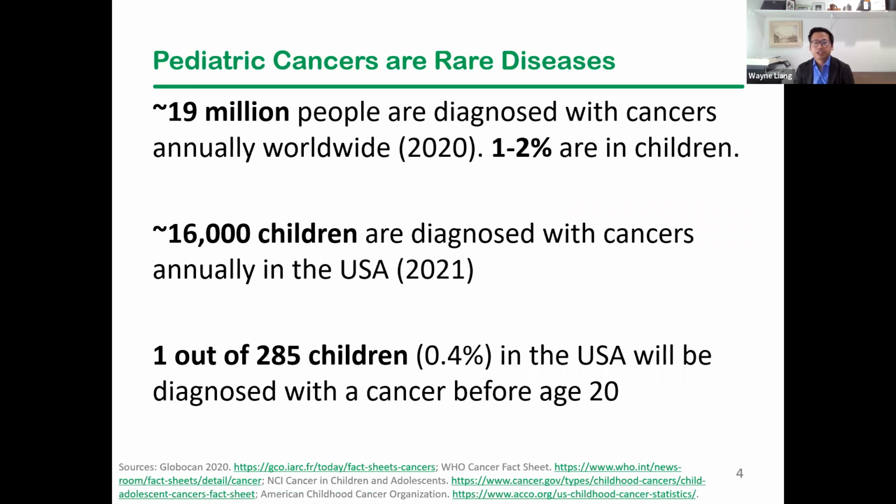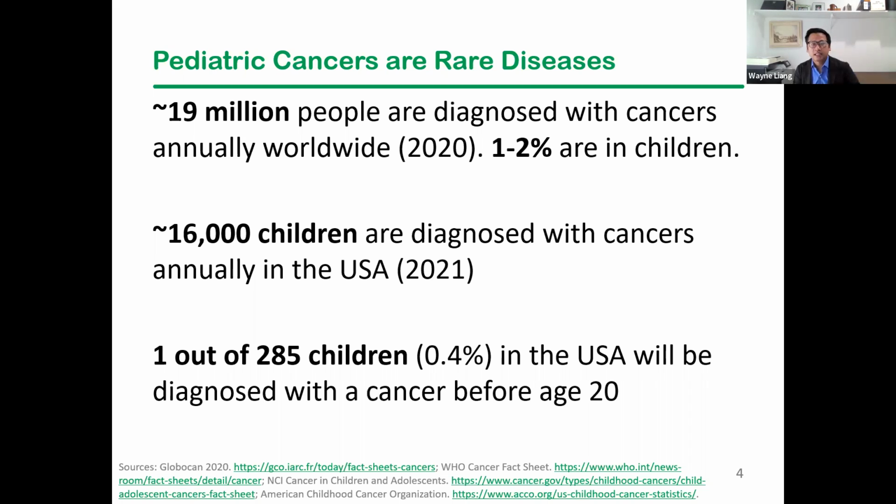So pediatric cancers are rare diseases. And the reason why I say rare diseases is because cancers are different from each other. So as a group, worldwide, of all cancers that are diagnosed, 90 million people are diagnosed with cancer, of which only 1 to 2% are in children.